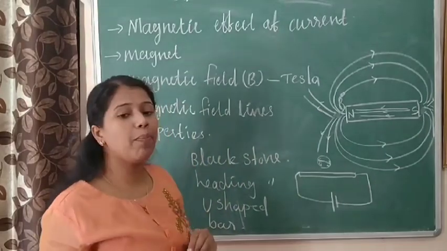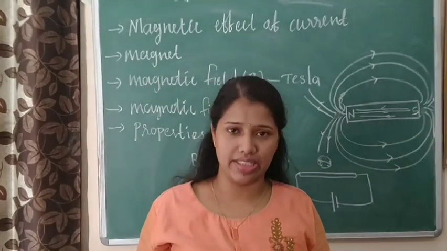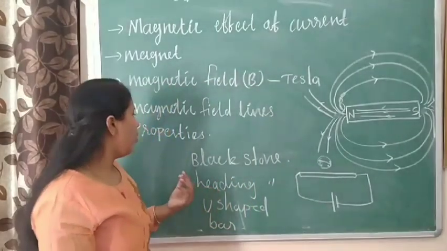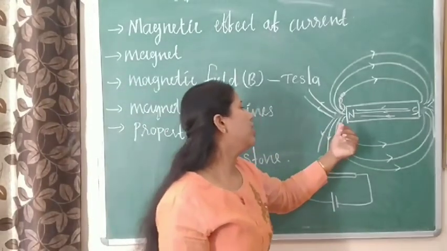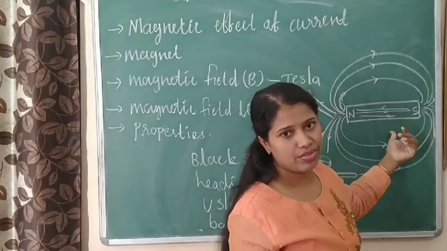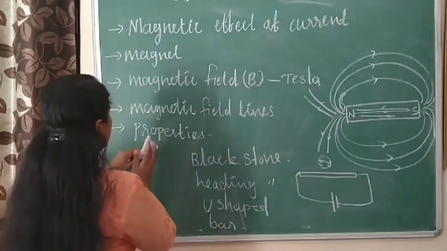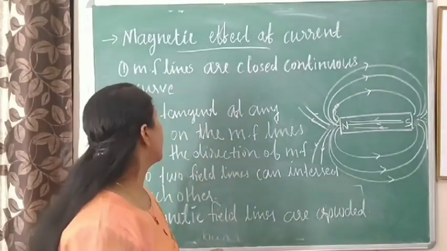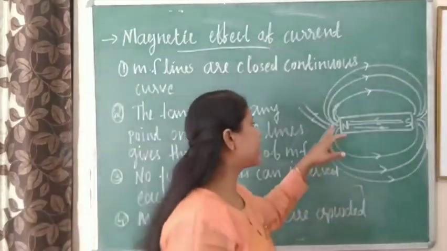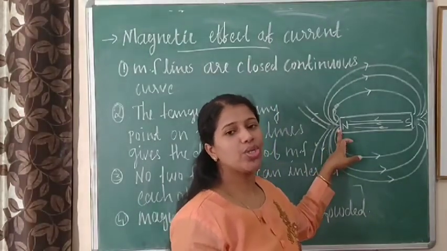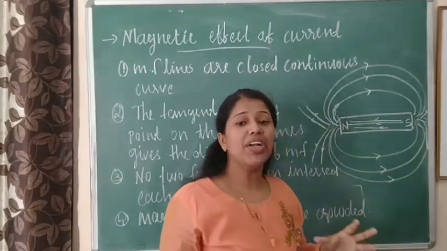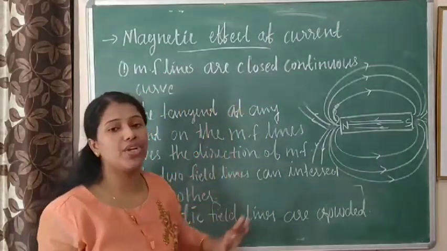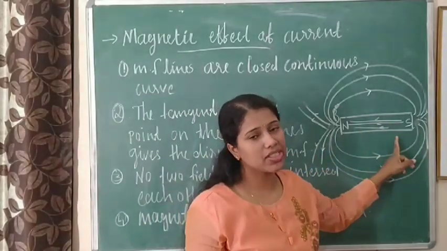The next is, what are the properties of magnetic field lines? First property, magnetic field lines are closed continuous curves. It starts from the north pole and ends at the south pole.